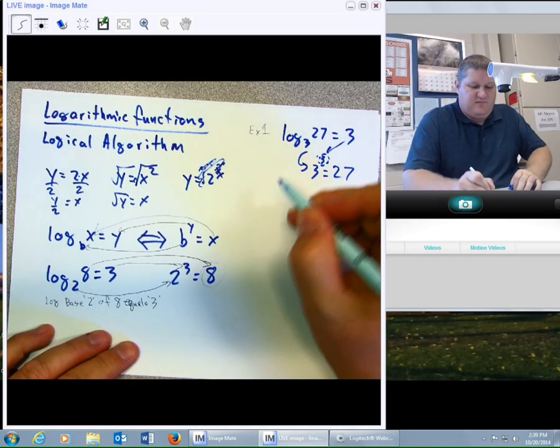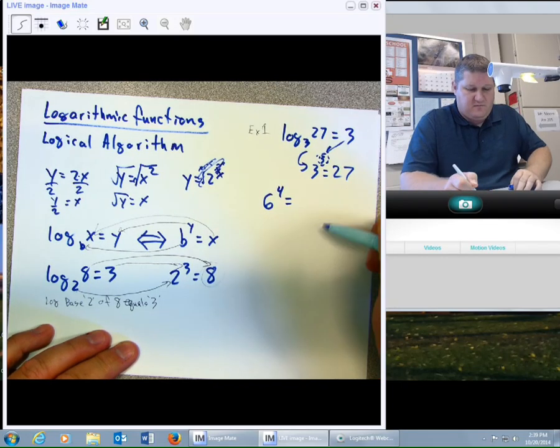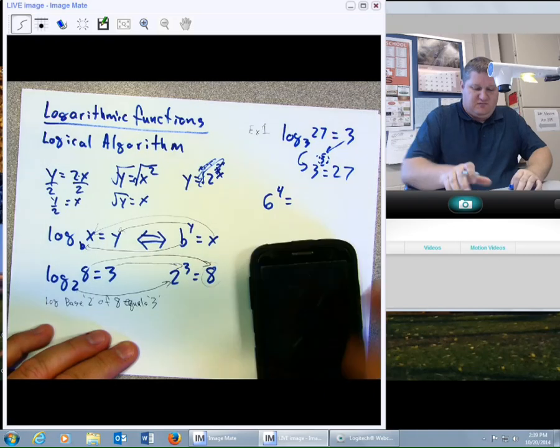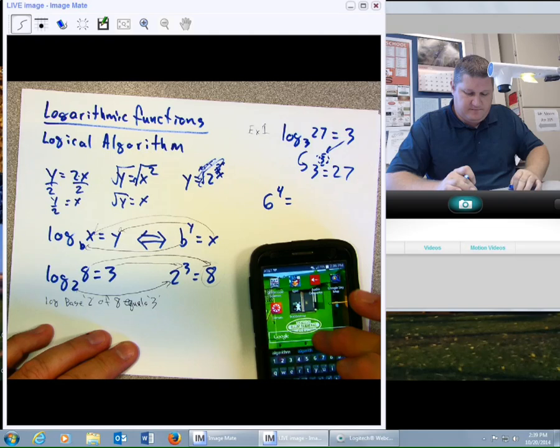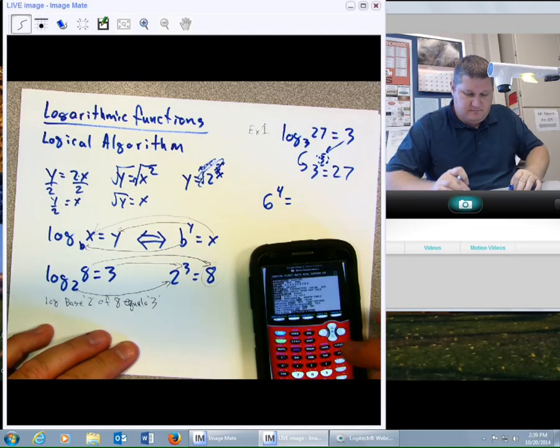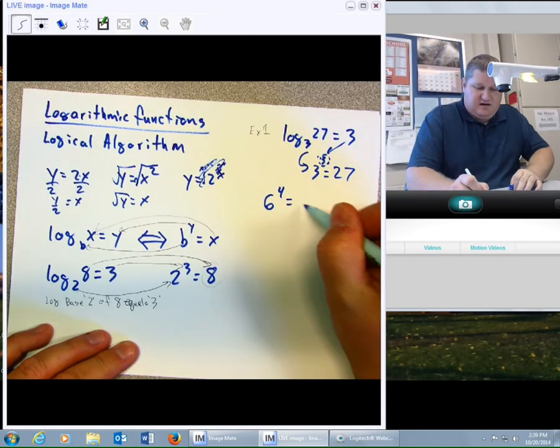If, on the other hand, I have 6 to the fourth, well, I don't know what 6 to the fourth happens to be, so let's find out. Six raised to the fourth is 1296.